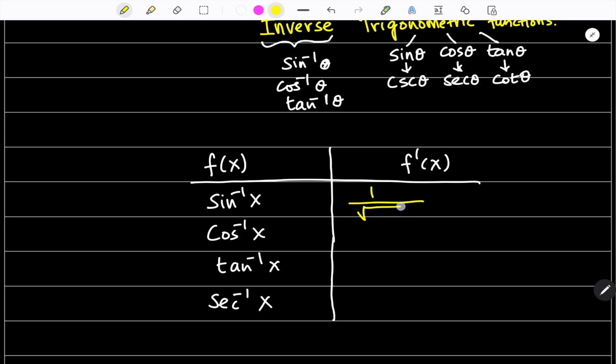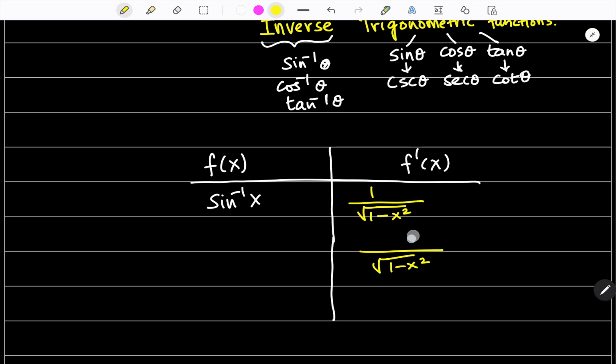For sine inverse x, the derivative is 1 divided by square root of 1 minus x square. Similarly here, for cosine inverse x, it is the same formula with the minus sign: minus 1 divided by square root of 1 minus x square. The pages are a little bit away, so I will give a little space so that you will not get confused.